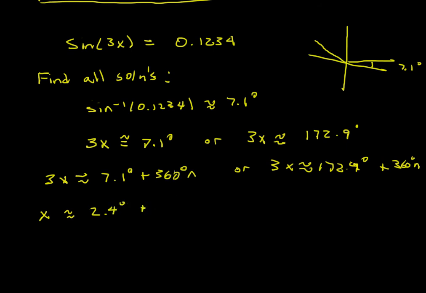A common error is to omit the division by 3 on this part of the expression on the right, but we don't want to forget that. We're dividing everything by 3, so we should have 120 degrees n for that term. And similar for the other half, we'd have x is approximately equal to 57.6 degrees.